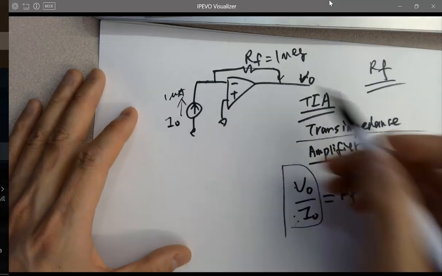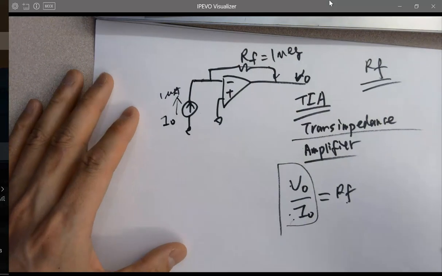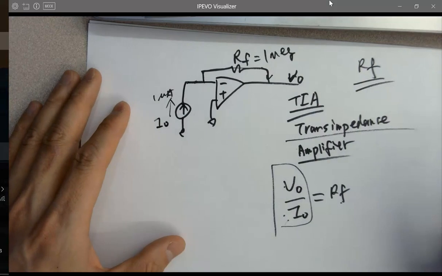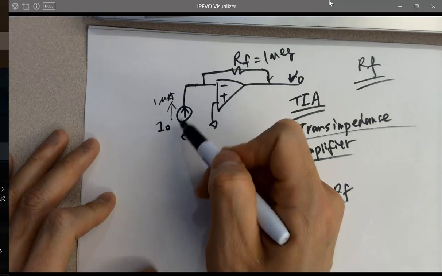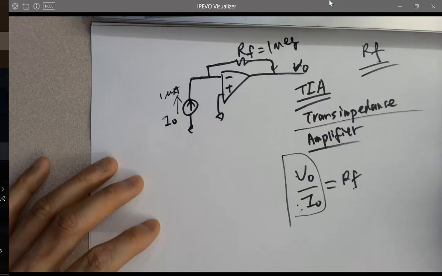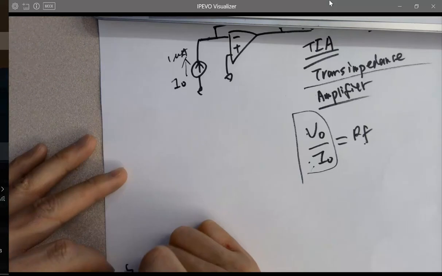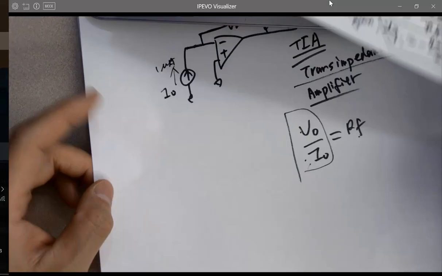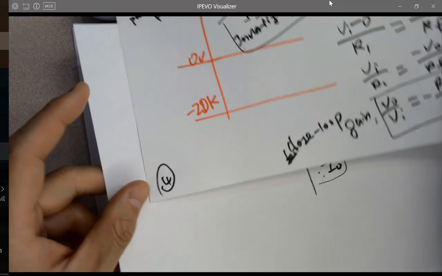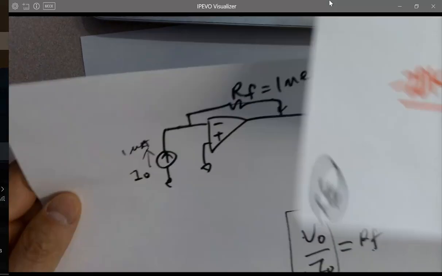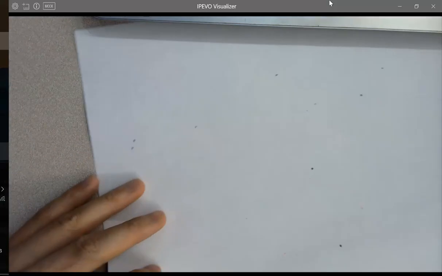So that's why the TIA's gain is just RF. It can be huge a lot of times because the current usually is tiny. So now you know an inverting op-amp can amplify a voltage, but it's basically a TIA. It amplifies the current.